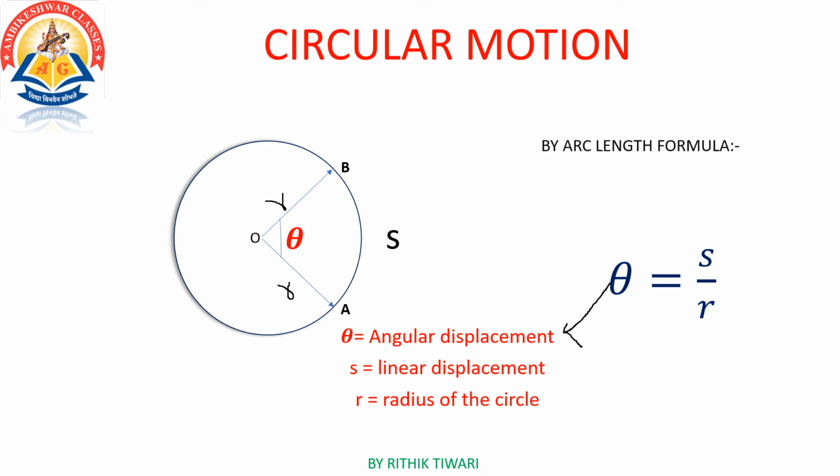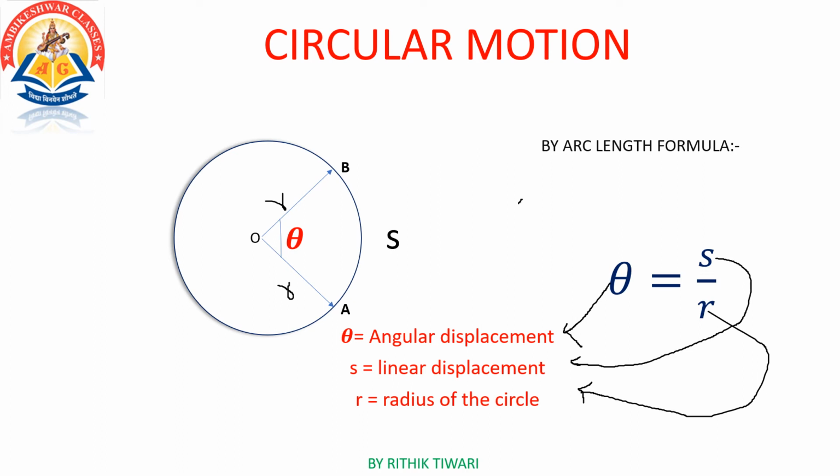Is it clear? So here your small s is your linear displacement, whereas your small r is the radius of the circle. So this was about circular motion.